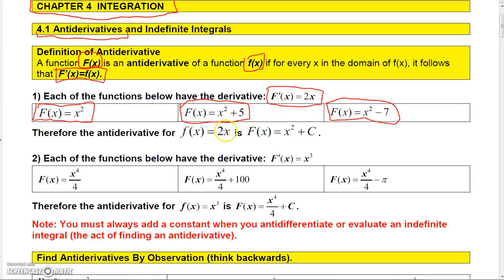Well, technically, if you take the derivative of x squared plus any constant, plus or negative, then you're going to get 2x. So the antiderivative for this function 2x is actually the function x squared plus any constant, because if you take the derivative of this function, you will get 2x.